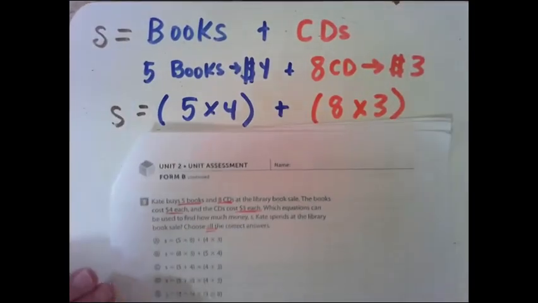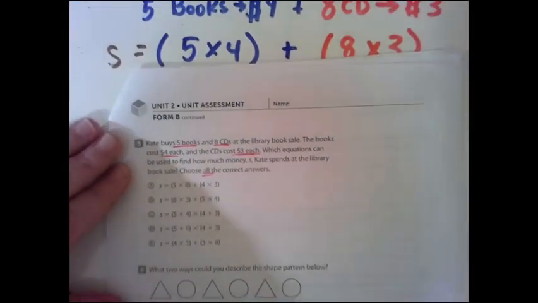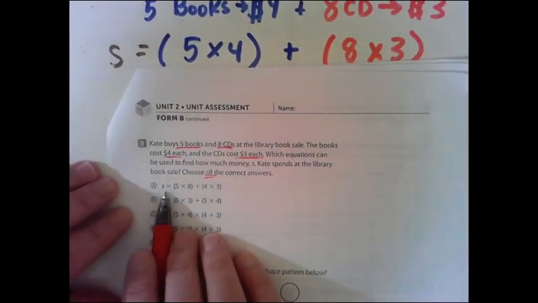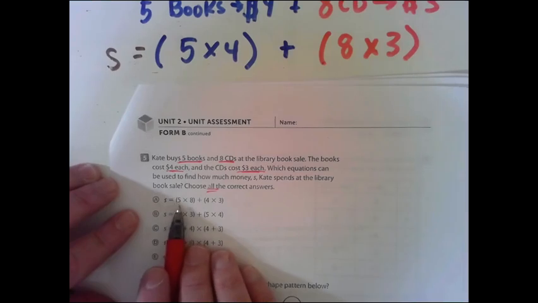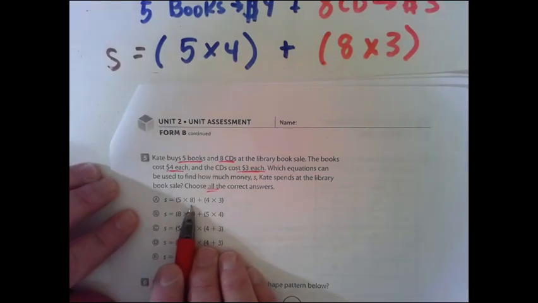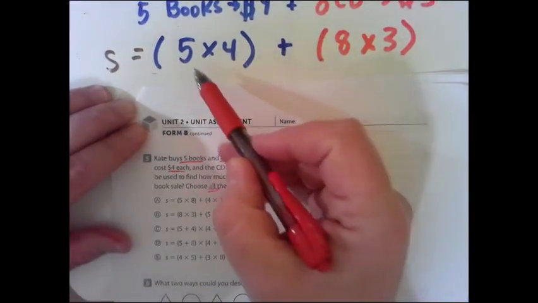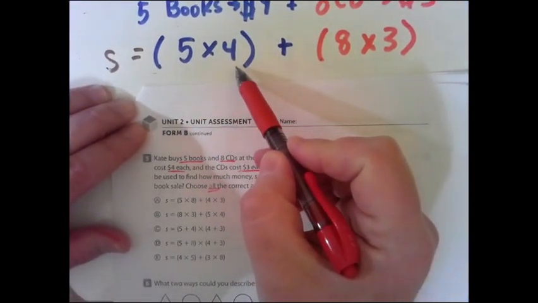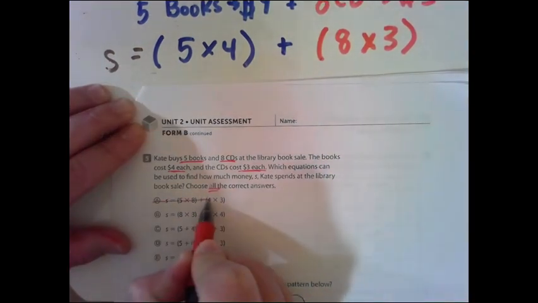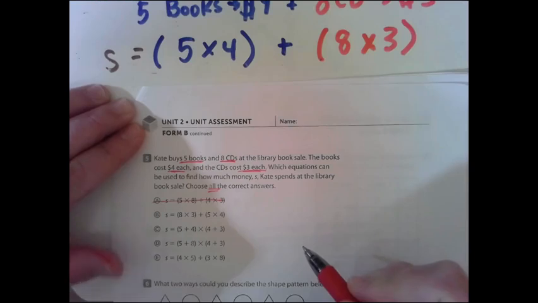Let me put that up. All right. So let's look at A, and it says S equals 5 times 8 plus 4 times 3. Well, if I'm looking here, we did 5 times 4 and 8 plus 3. So this doesn't make sense. It's not correct, so we're going to cross that out.